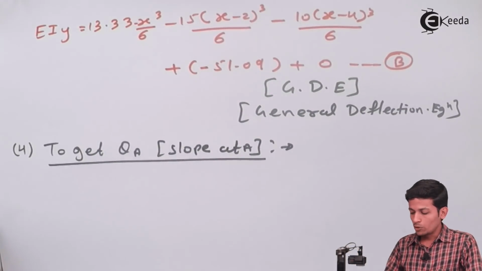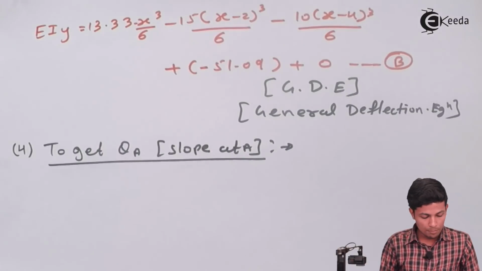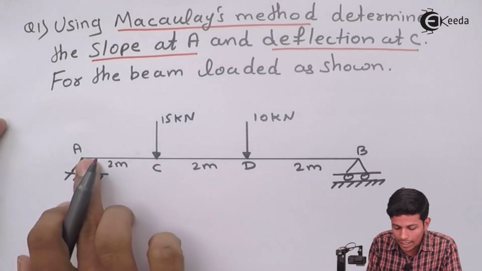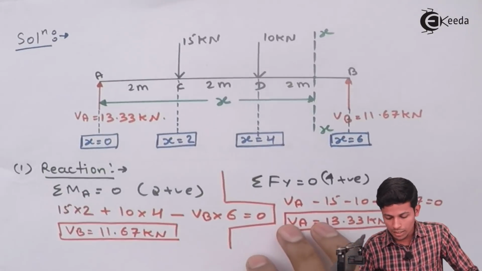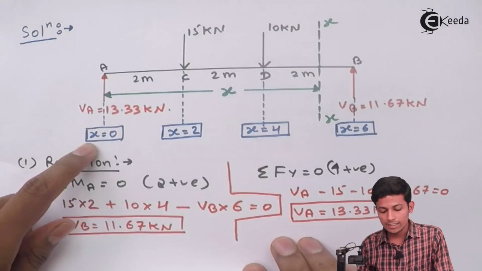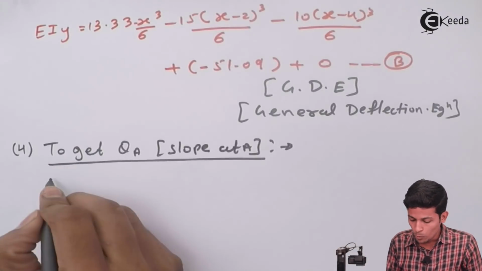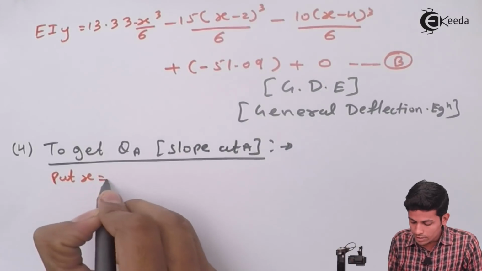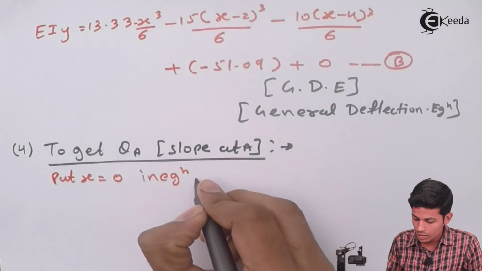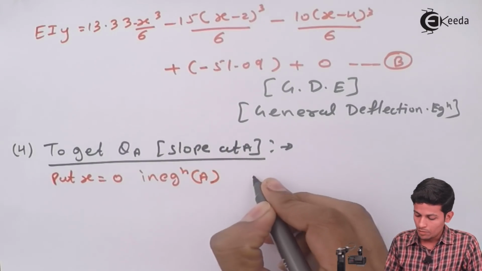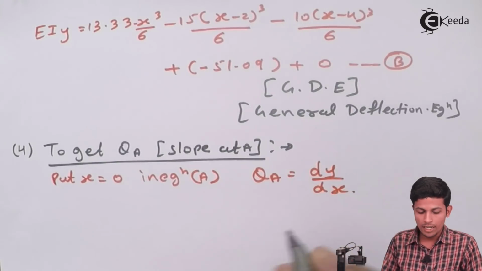Okay, now to get theta A, simply see what is the value of x at A. The x value over A will be 0, so put x equal to 0 in equation A, which is the general slope equation, dy by dx.